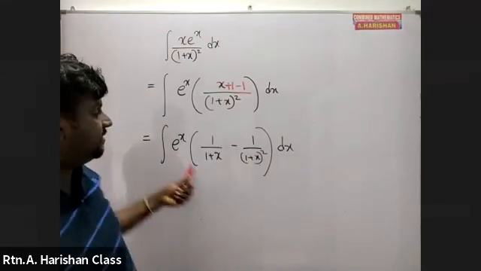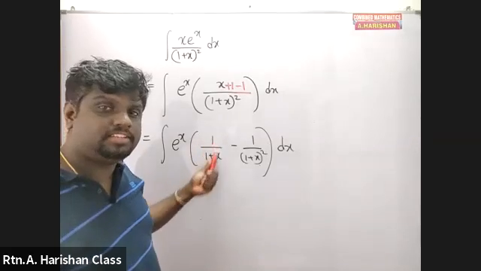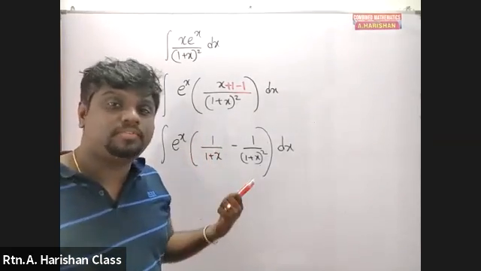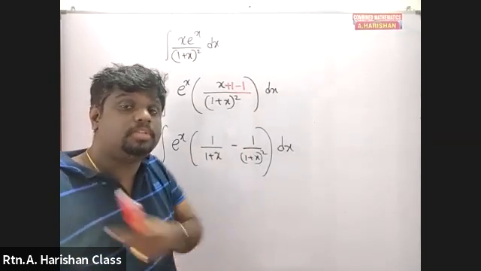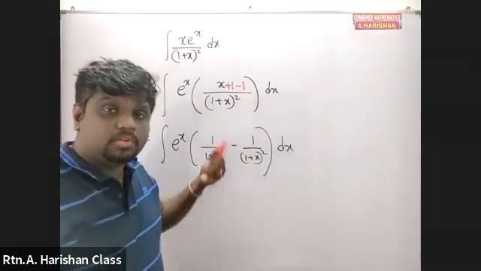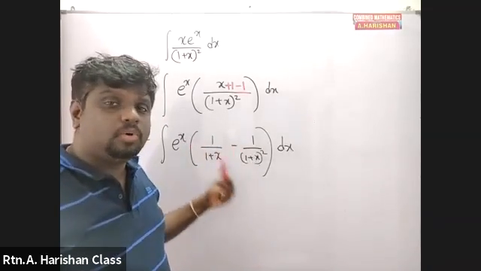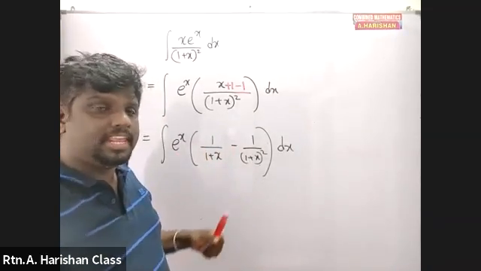So now you can see if this is f of x, what is the differentiation of this? 1 over 1 plus x is 1 over u form. We learned that if you differentiate 1 over u, you get minus 1 over u squared into du by dx.